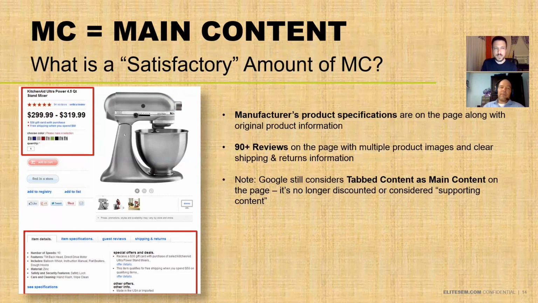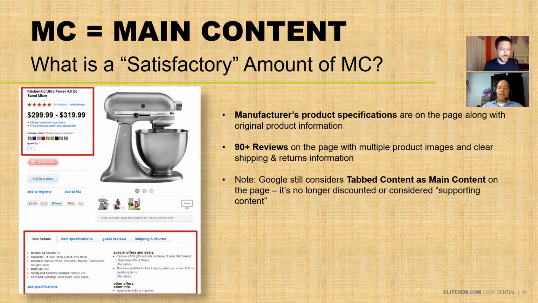100%. So you want a satisfactory amount of main content. And we talked a little bit about this during the live presentation. Well, the manufacturer's product descriptions are duplicated everywhere. 100% agree. Having those item details, boilerplate, on there may not help you rank higher or lower, but it'll definitely help you level set with the other competition in the space, because they'll have that as well, and then you can begin to differentiate from that main content.